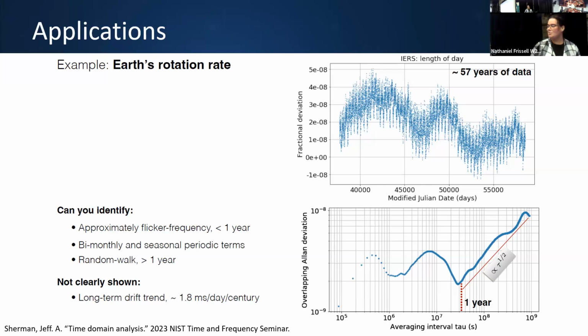That works out to about 0.4 seconds of time uncertainty, a very rough back-of-the-envelope calculation. And at 0.4 seconds, you're starting to get to the point where you need to announce a leap second. That kind of works out with what we know about leap seconds.